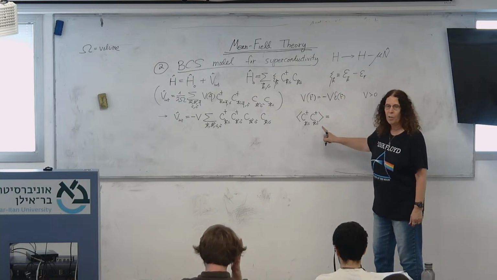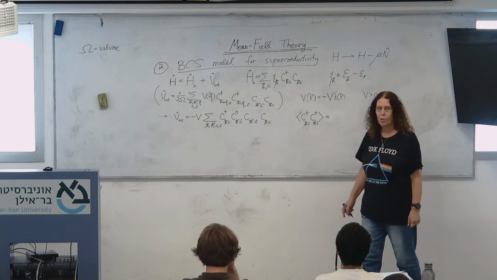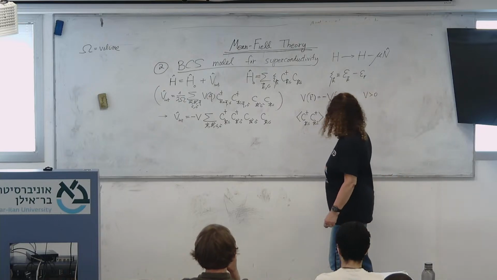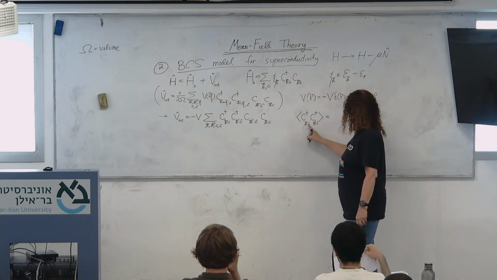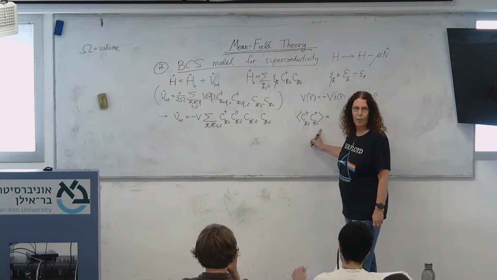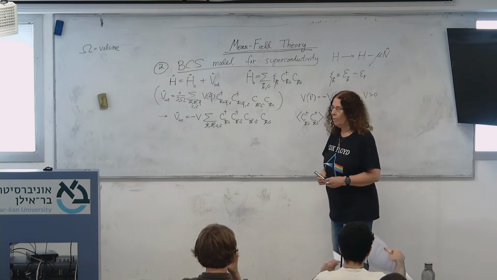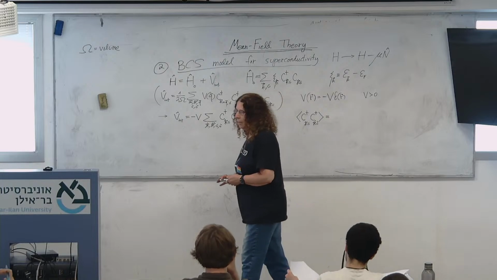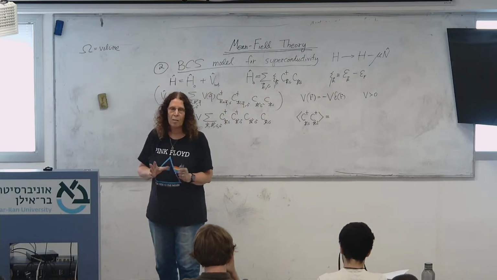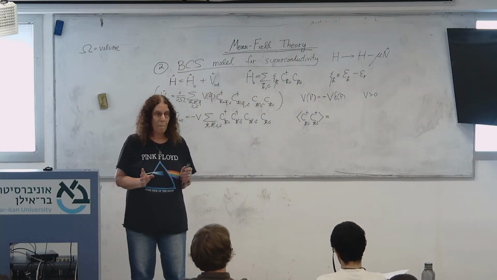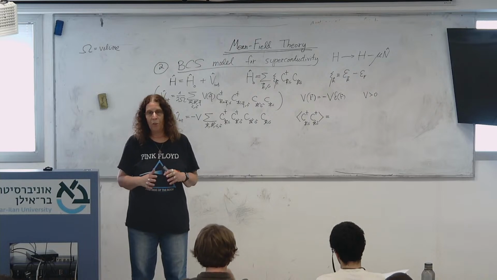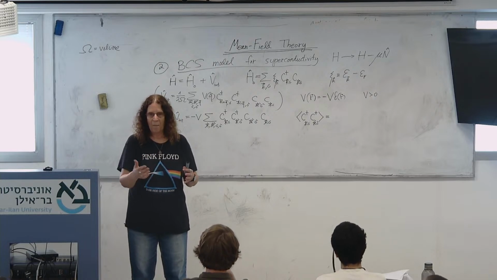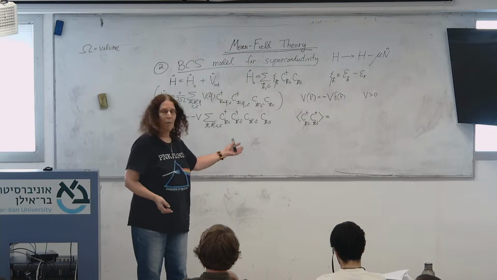It will be non-zero for a particular choice of K prime and sigma prime. Okay? So this is something that at the moment you don't see the motivation for. You need to have some experience and some background to arrive at it.